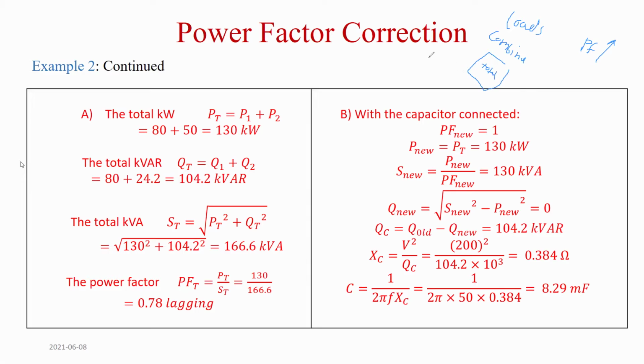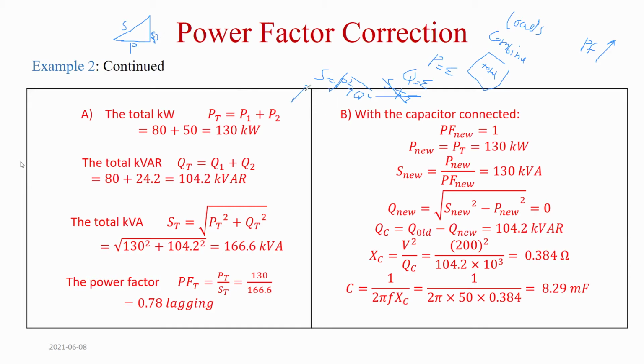When you find the total, P equals the sum of each one. Q equals the sum. S does not equal the sum. Don't do this. S is P squared plus Q squared under square root. The right triangle: P, Q, and S.